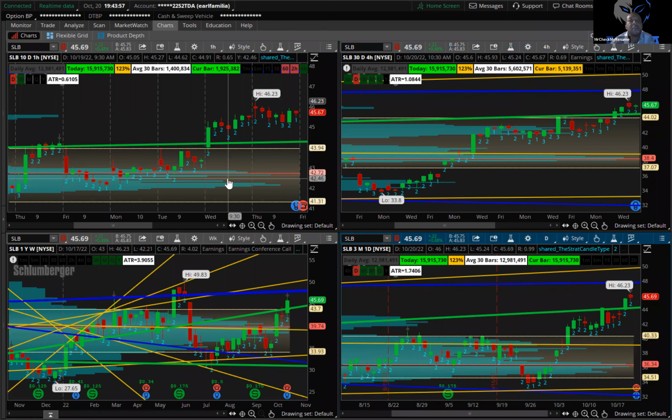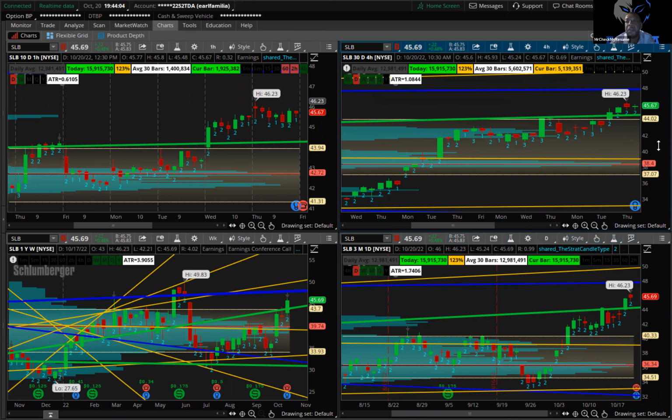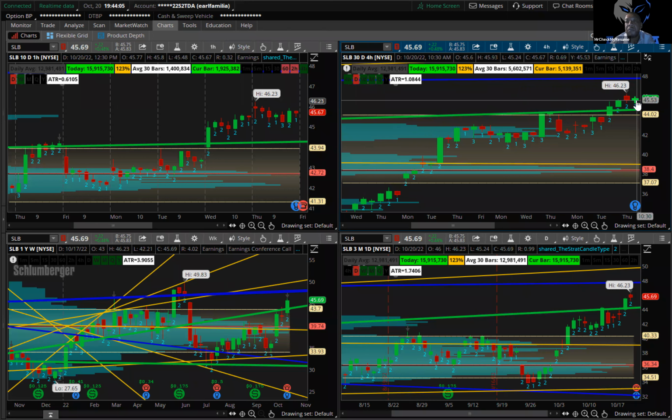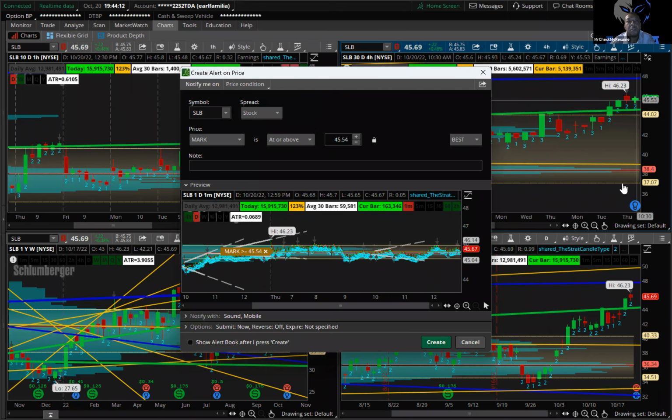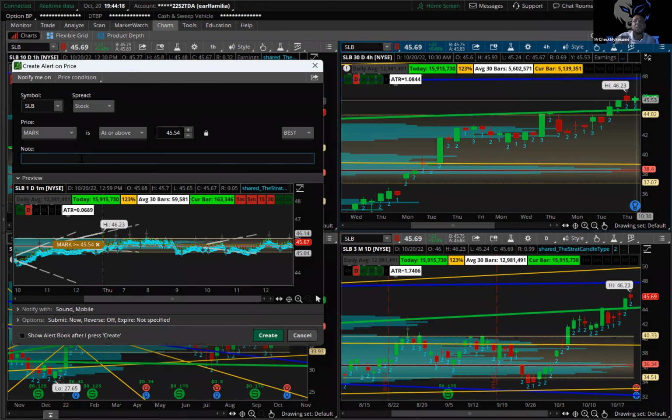We don't have an inside setup on Schlum, but we do have a 2 down reversal potential on the 4 hour. I'm gonna set a trigger for it. Y'all don't remember, I gotta go back and look, but I got some long Schlumbergers.